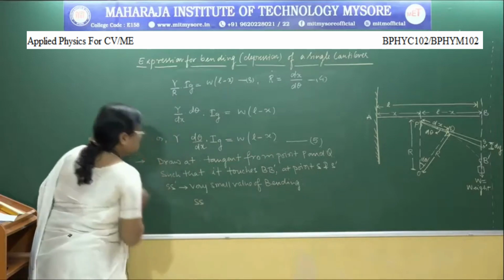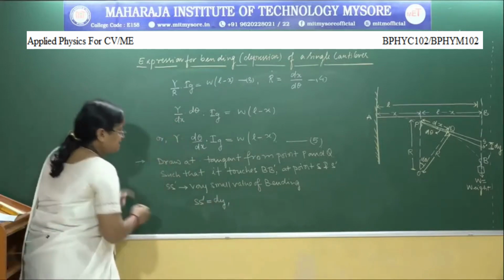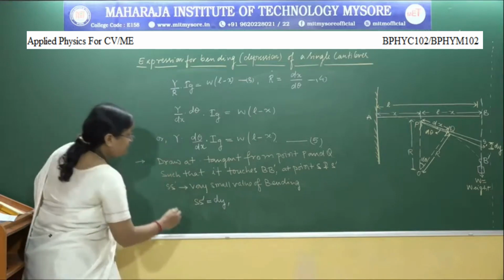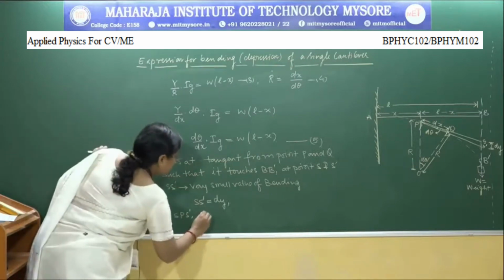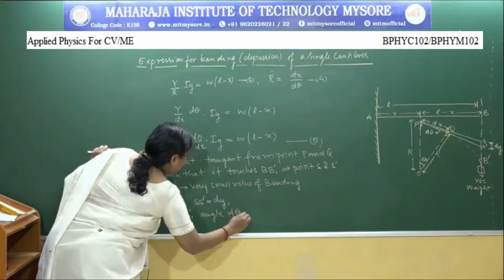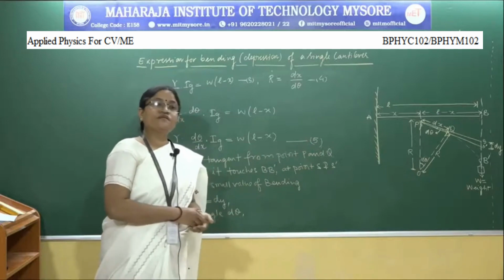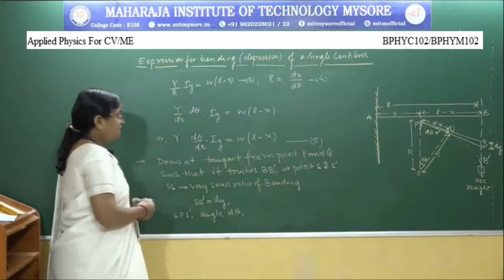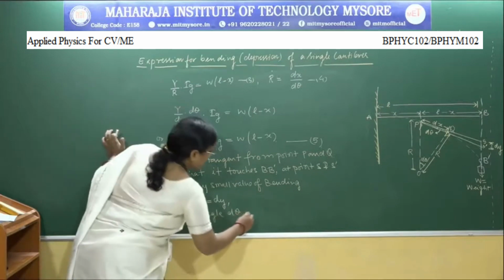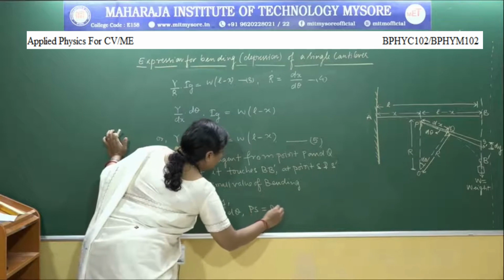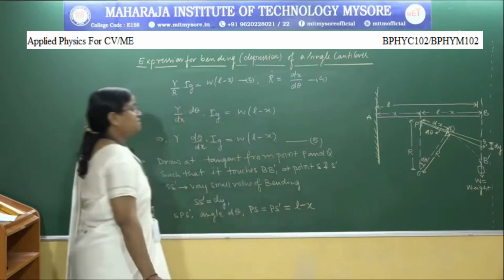So SS dash we are writing as equal to dy, and this SS dash with point P, meaning angle SPS dash, by symmetry has the angle d theta, which is similar to that made by P and Q at point O. Then we have to find the arc length dy, and also the distance PS will be equal to PS dash, and that will be equal to L minus x.